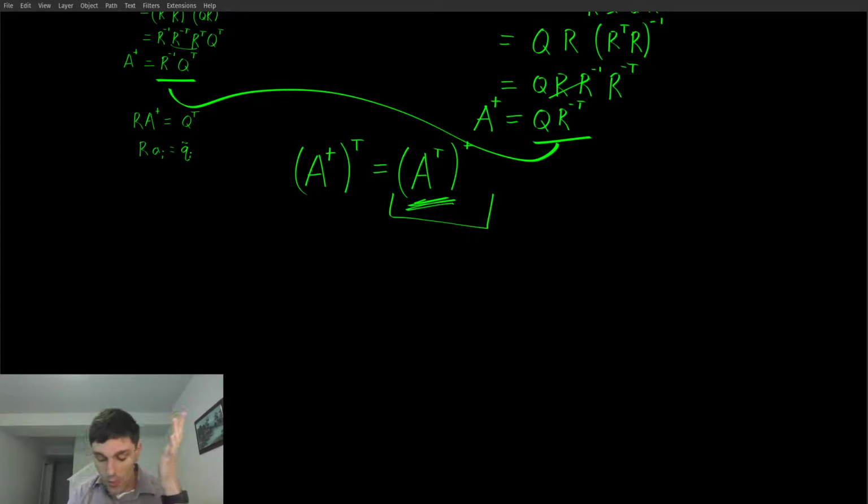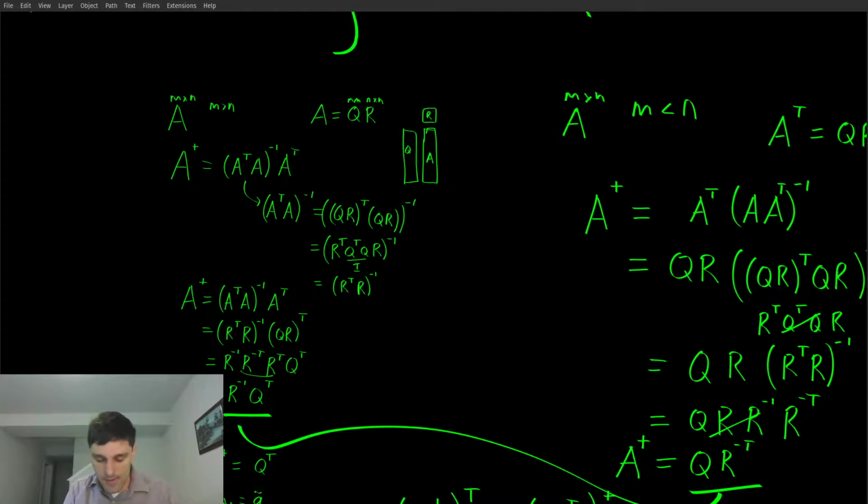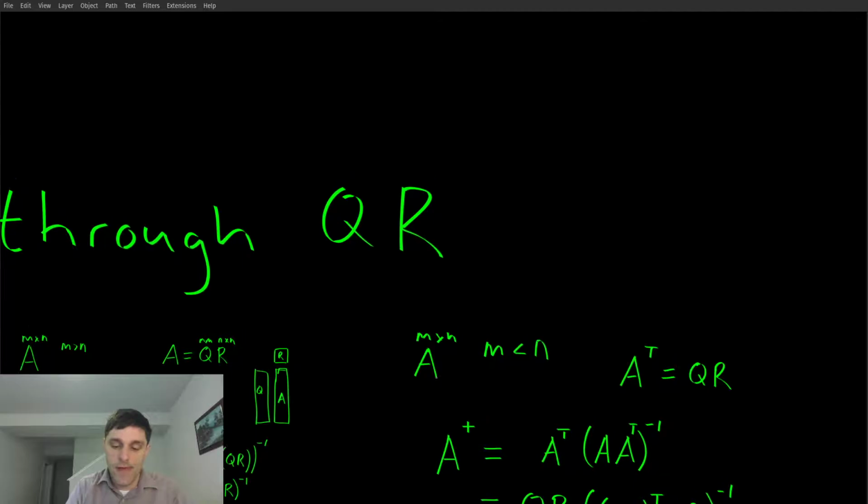Okay, so this is our relationship between QR factorizations and these pseudo inverses. And I'm just going to do one more piece of summarization here.